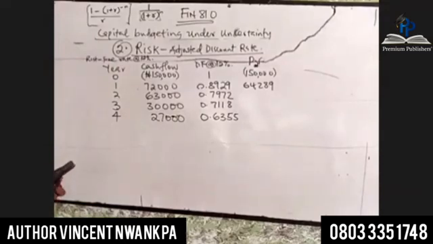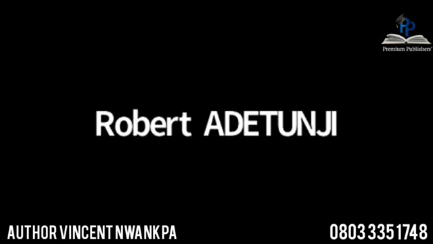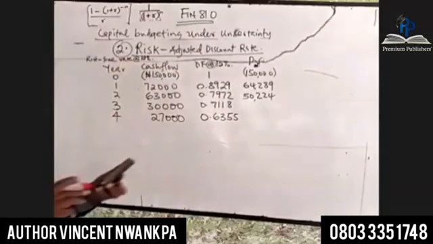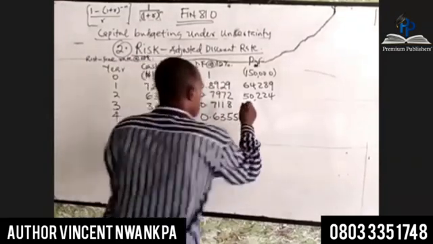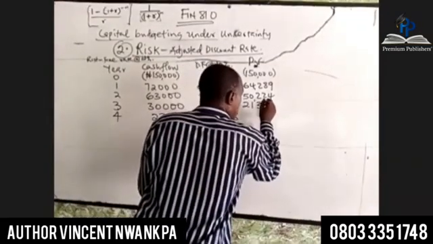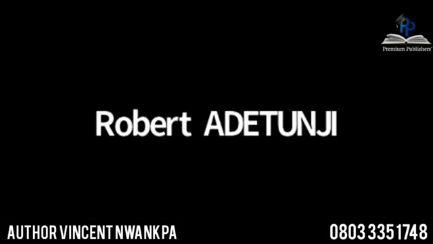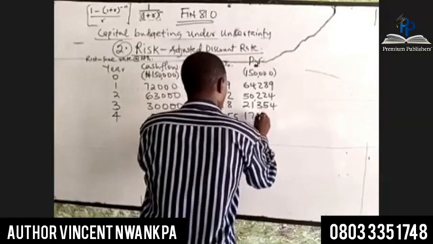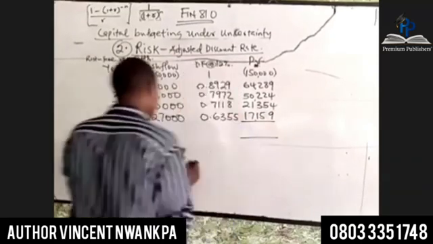Then the other one: 0.7972 times 63,000 is 50,224. The next one is 21,354. The last one is 17,159. Good. Add everything together.